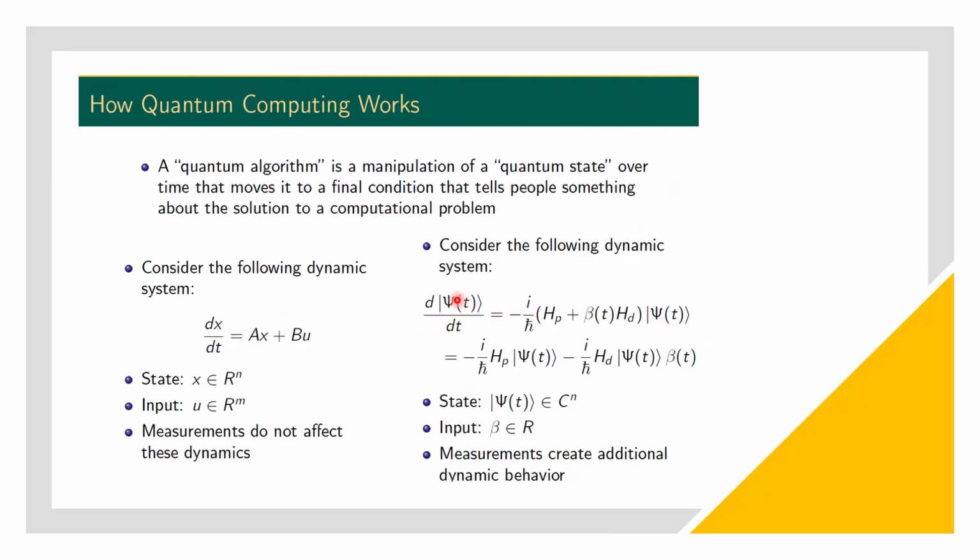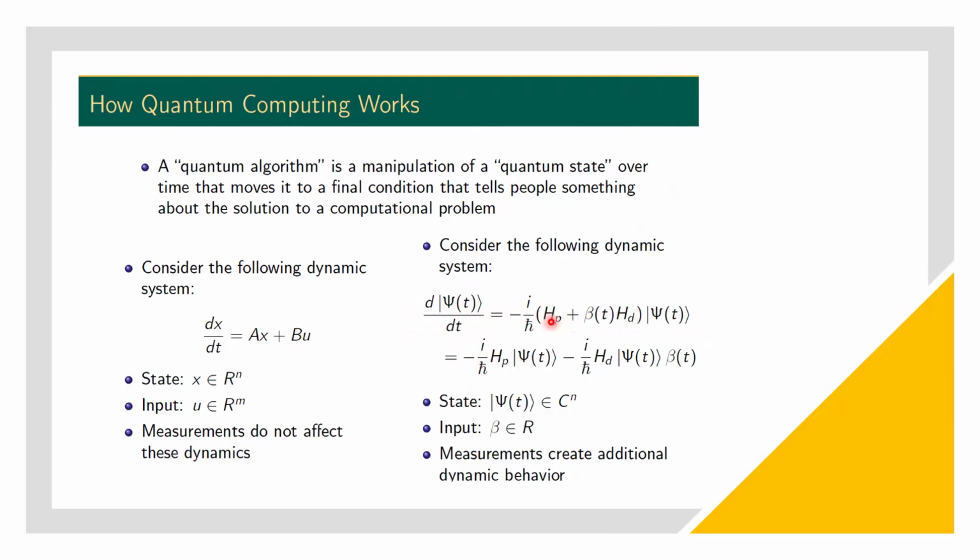So here we have d psi dt, and it is equal to, and on this right-hand side, all of this is going to be our Hamiltonian. You might ask, what are these two pieces? Well, this piece would be a drift Hamiltonian, and this piece will be a control Hamiltonian or driver Hamiltonian.